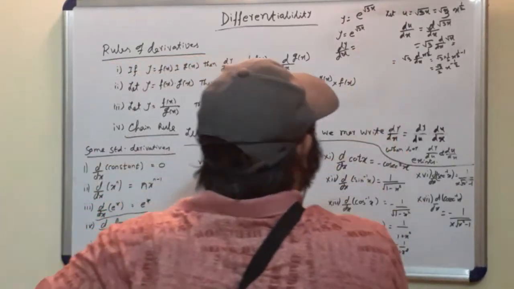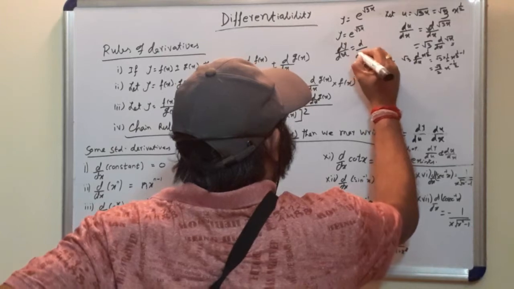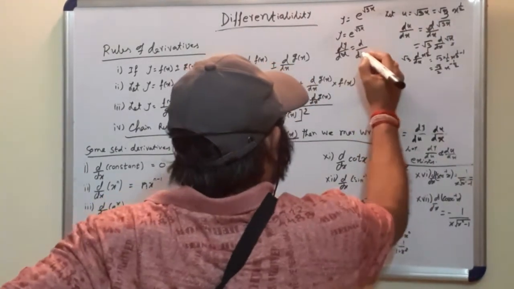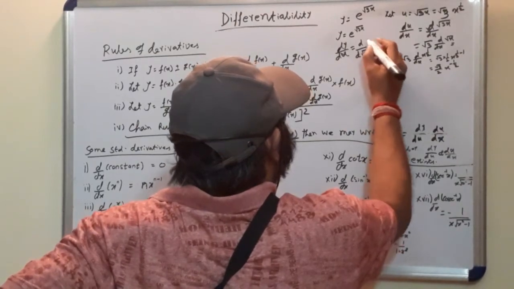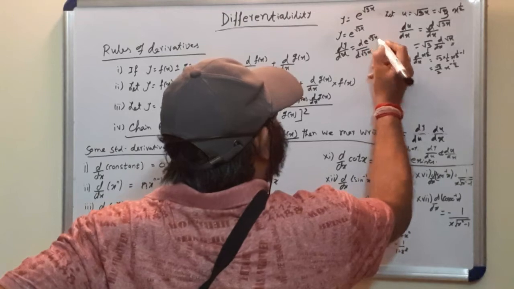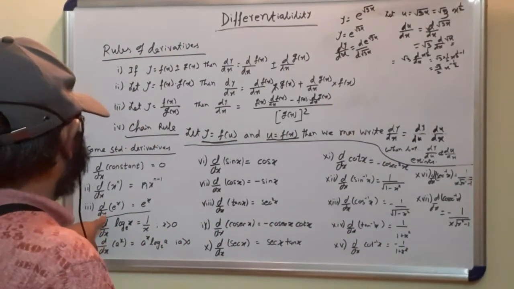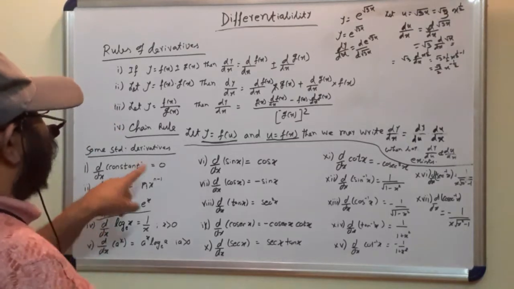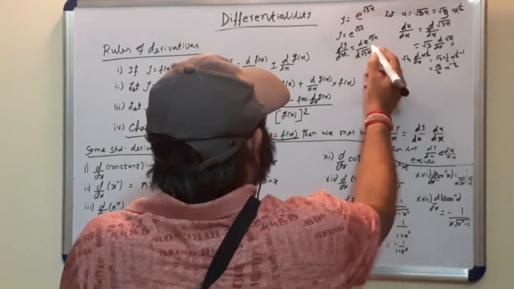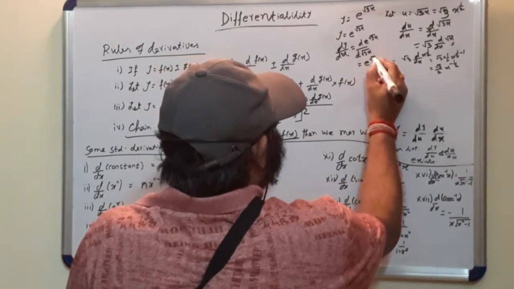It means d/du of e to the power u. Now, we know that the derivative of e to the power x with respect to x is e to the power x. So, with respect to u, e to the power u is equal to e to the power u, that is e to the power root 3x.